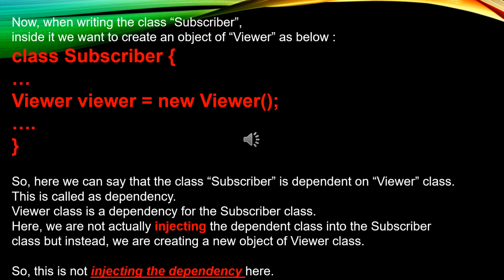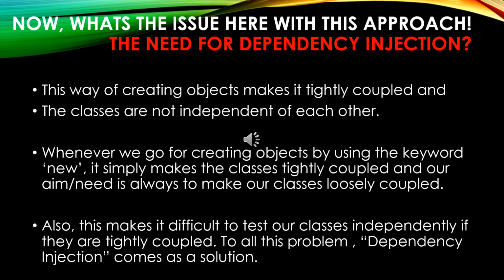So viewer class is a dependency for the subscriber class. Now note, we are not actually injecting the dependent class into the subscriber class, but instead we are creating a new object of viewer class. So this is not injecting the dependency.